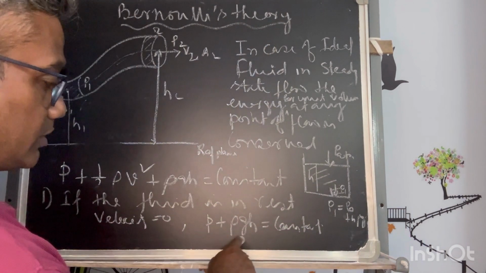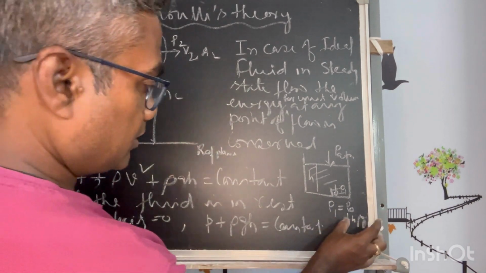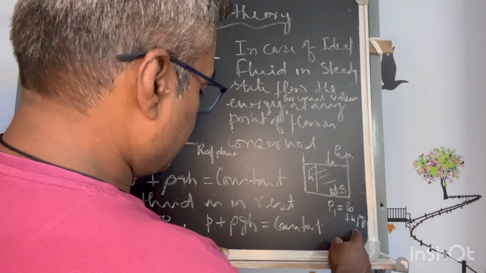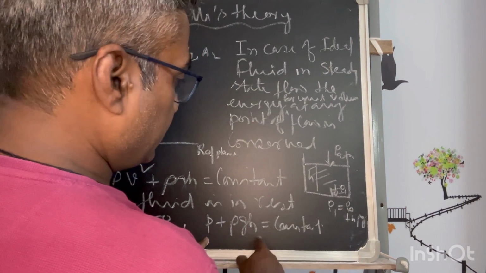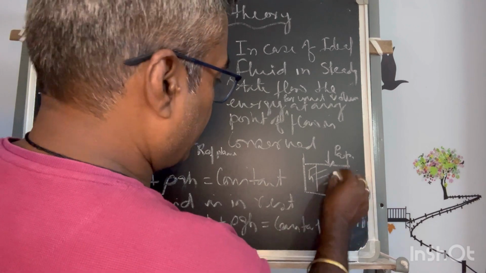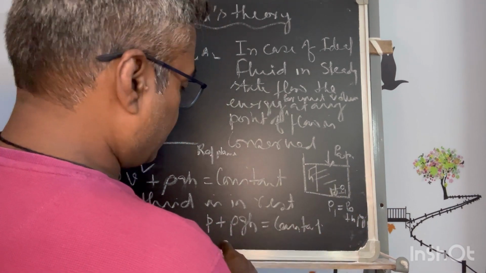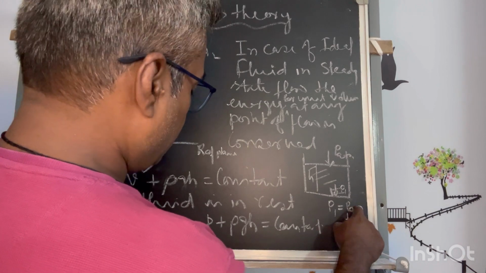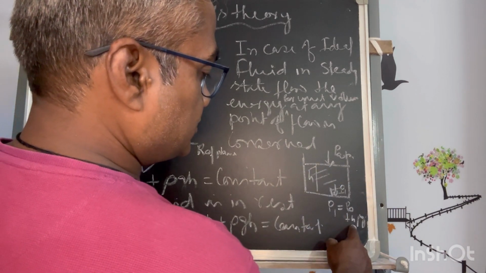Now see, this is matching. So the pressure energy, P0 plus h rho g, is constant. That means at any point here, if the height difference is the same, it is equal to the pressure energy, where P is atmospheric pressure and the deviation is due to the height.